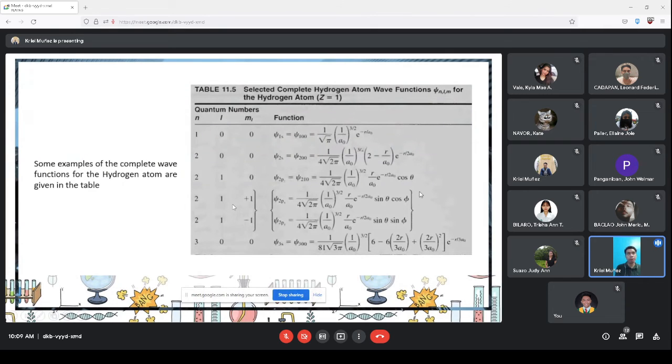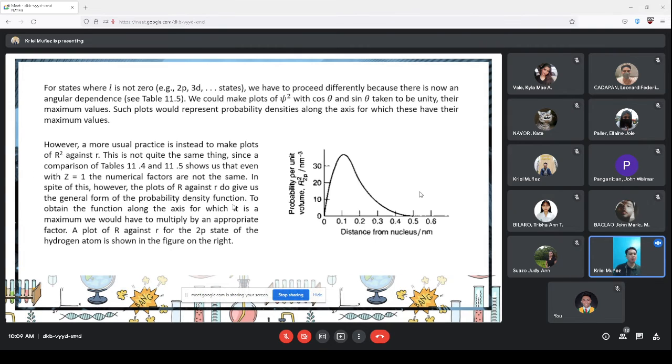If you're going to plot this one class, vector siya, magbibigay siya sa atin ng specific na plot, and then magbibigay siya sa atin ng direction. And the direction class for this one is along the z-axis. Yun yung reason kung bakit 2pz yung ating psi function for this one. Okay, so for 210.